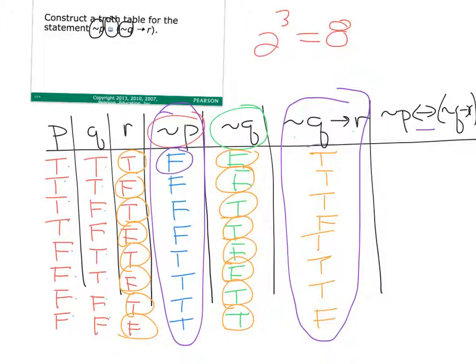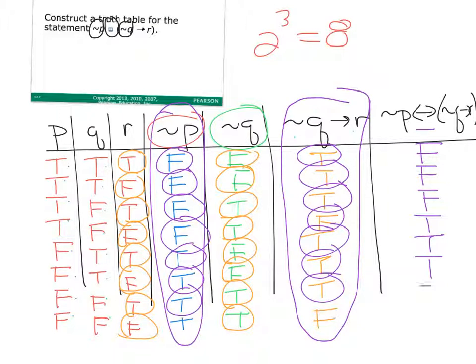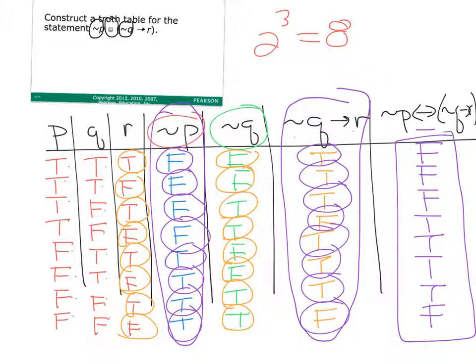So we have a false, true. That's false. False, true. False, true. False, false. There we had a match. True, true. True, true. True, true. True, false. And so this purple column over here would be your solutions column.